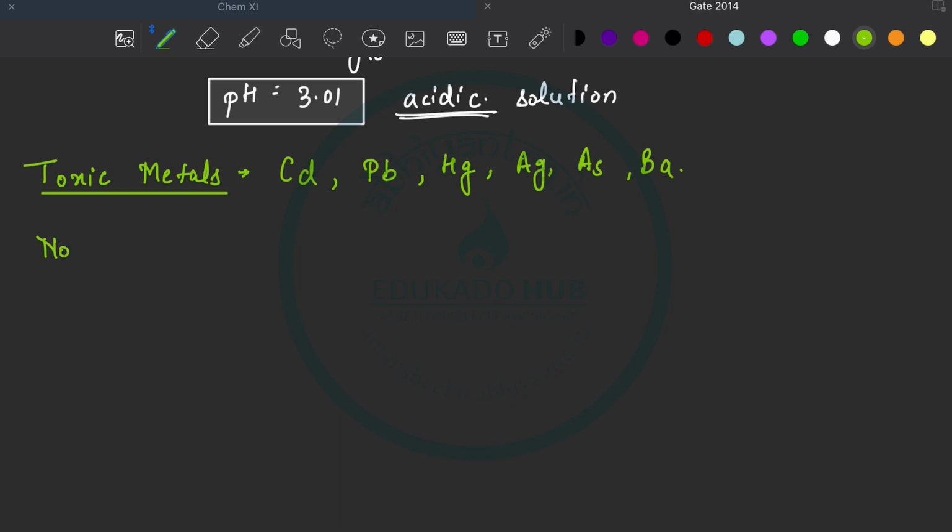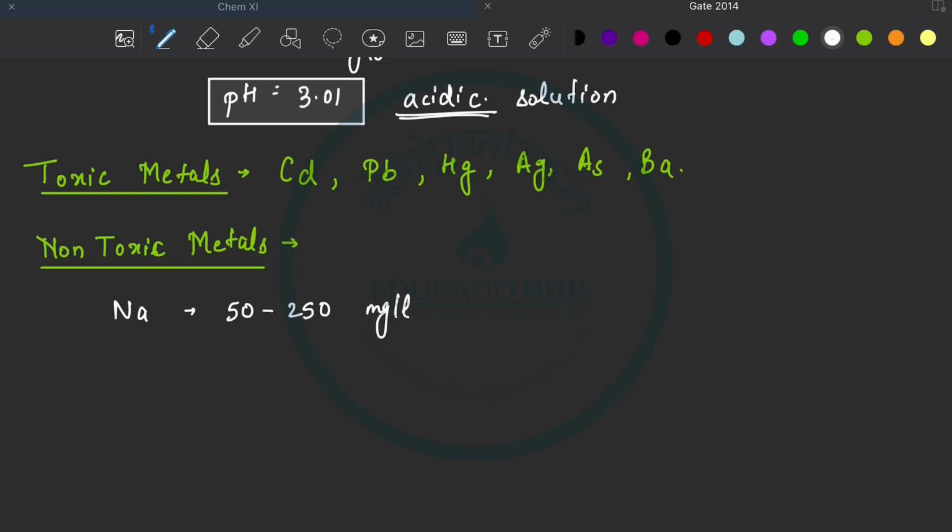And the non-toxic metals which are present in water are sodium, that is Na, and sodium has permissible values of 50 to 250 milligram per liter. And we have copper.